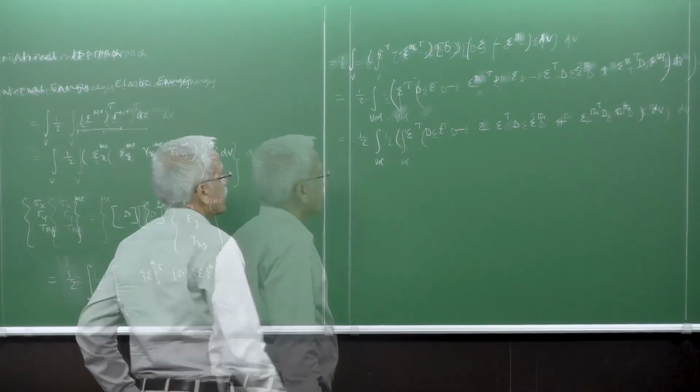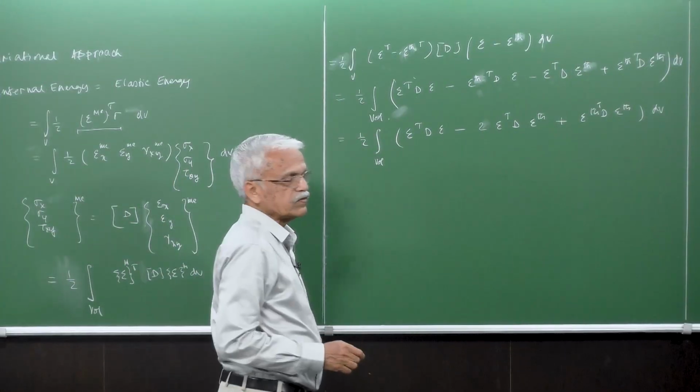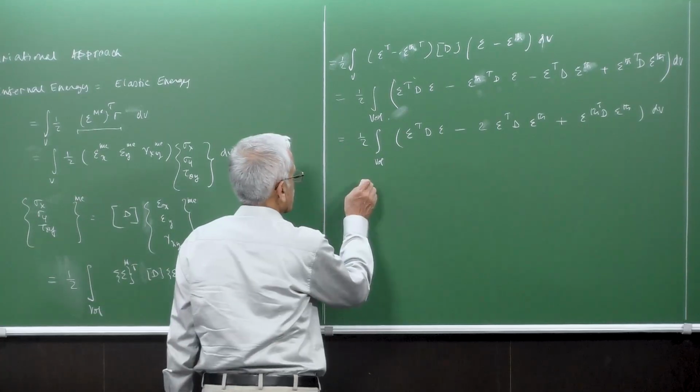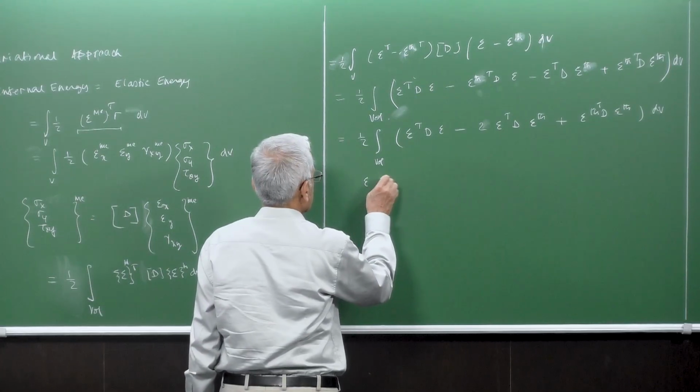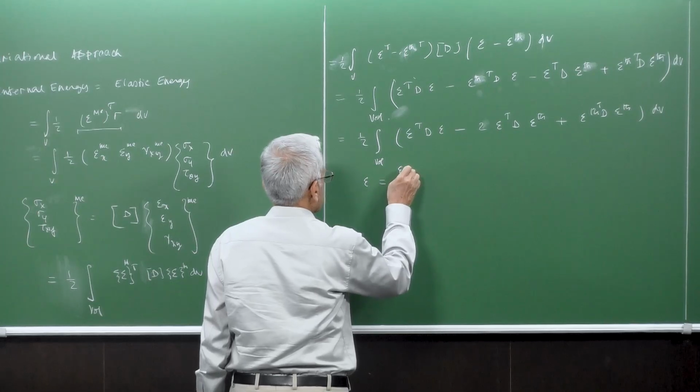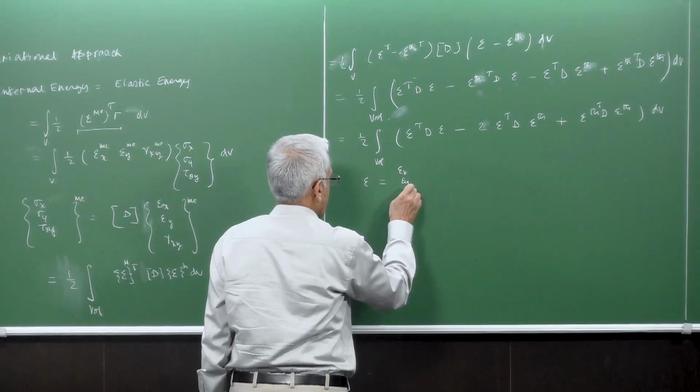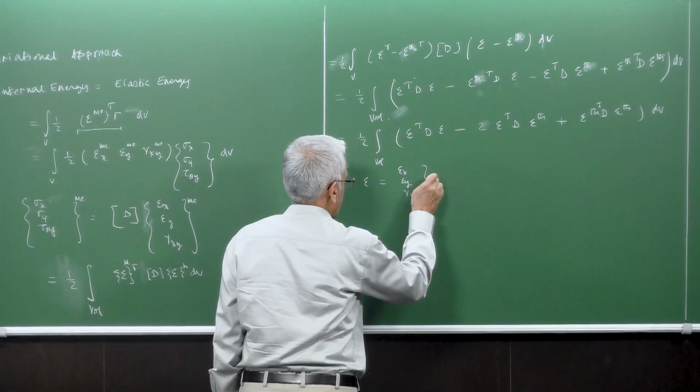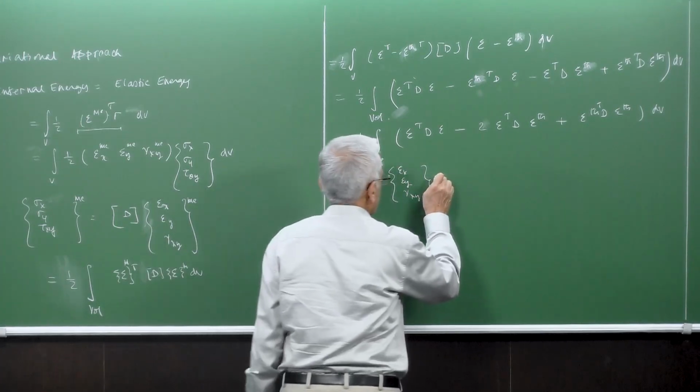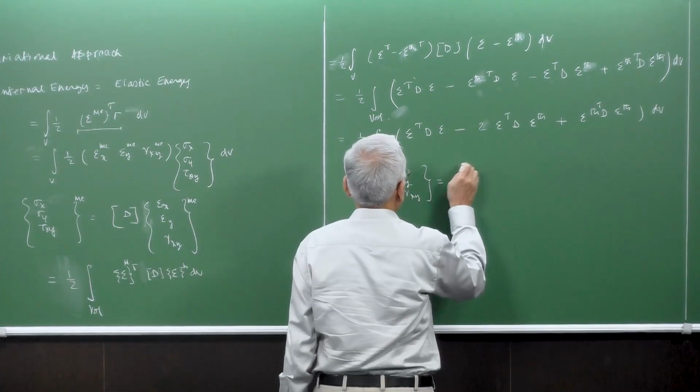Okay, so now we can convert these things into the displacements. One is this epsilon here, which consists of three terms. What is that?